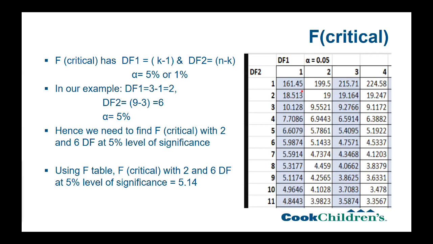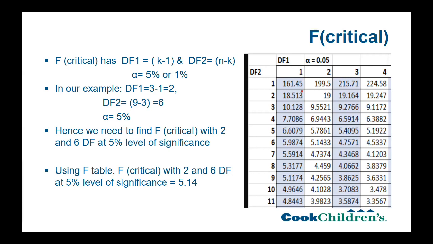So this table, I just took a snapshot of it to have that particular section where we have the degree of freedom, the first degree of freedom on the horizontal, on the rows, and the second degree of freedom on the column.